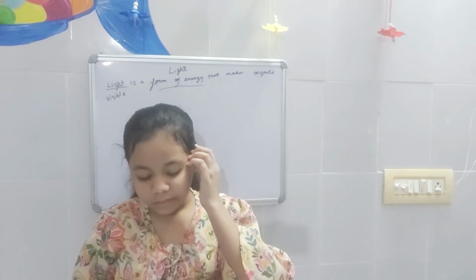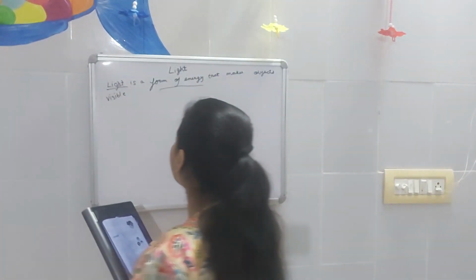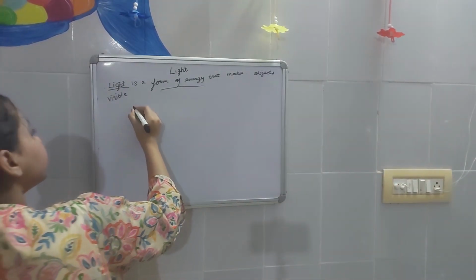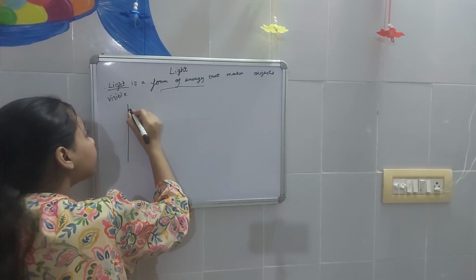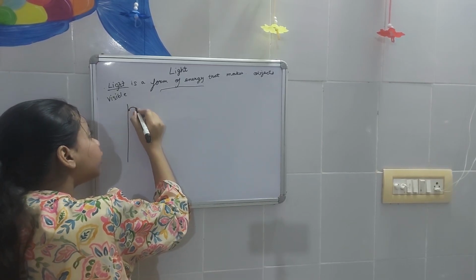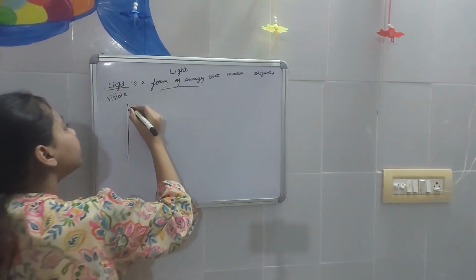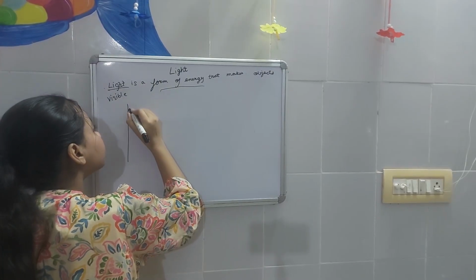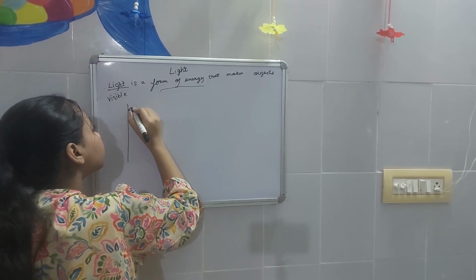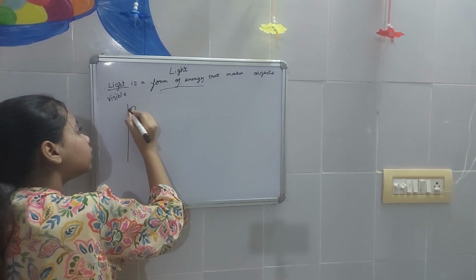Now let us first see a diagram. Suppose this is your wall and here is a tube light, or LED bulb, whatever you can understand.